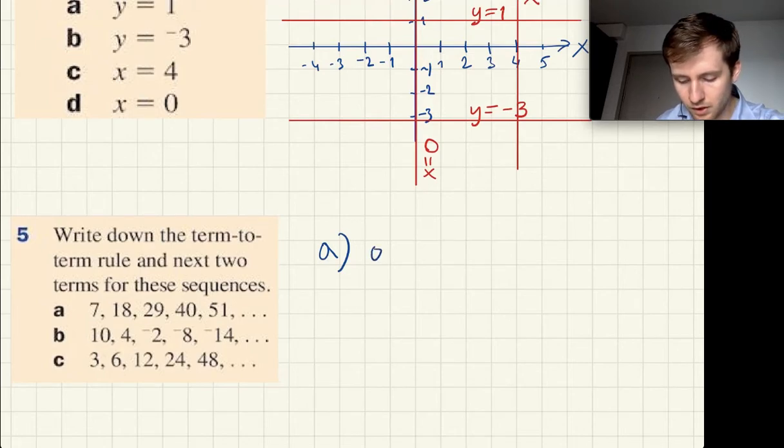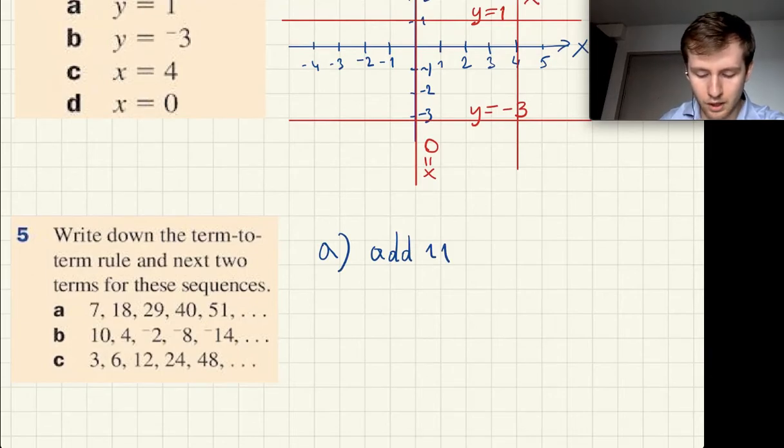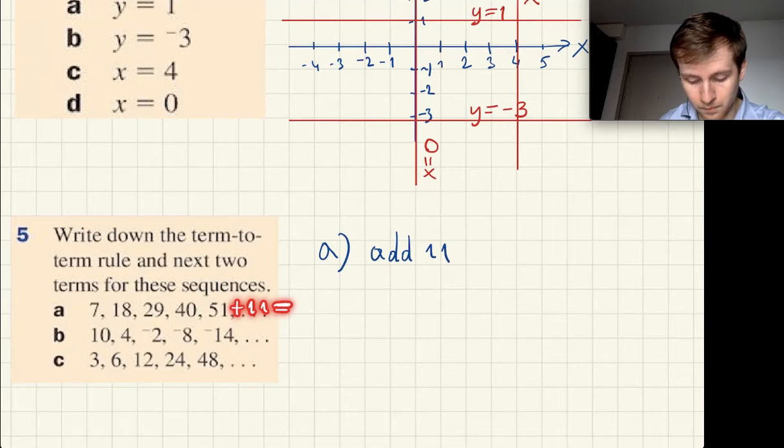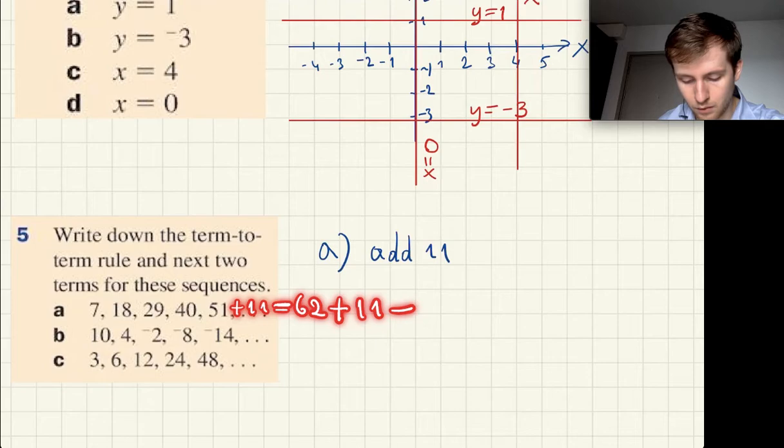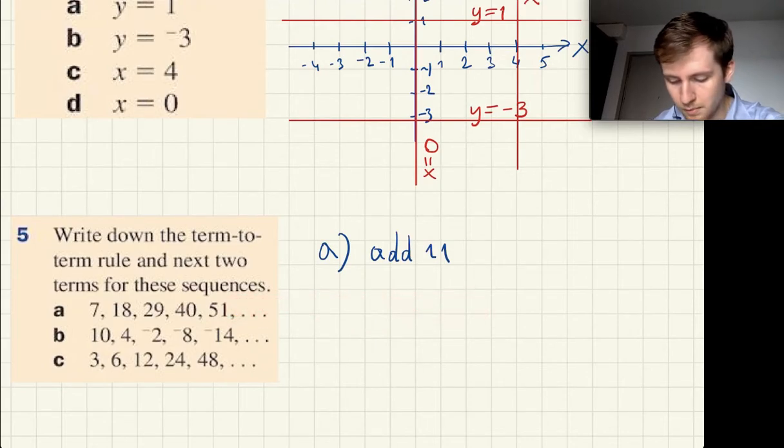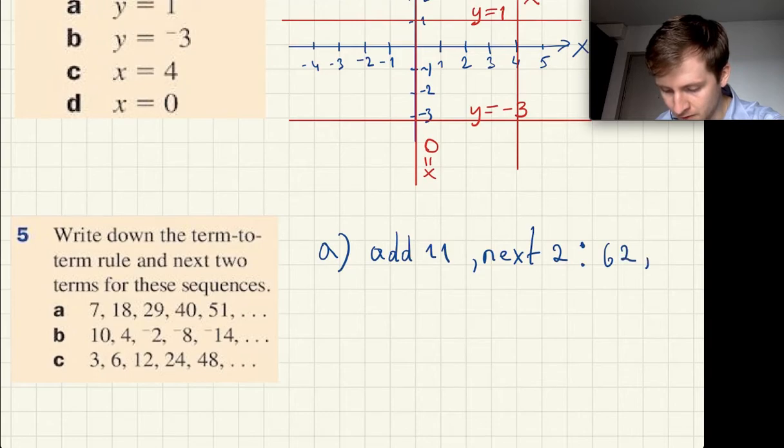The rule for this sequence is add 11, and for the next two elements, 51 plus 11 equals 62, and then 62 plus 11 equals 73. So the next two elements are 62 and 73.